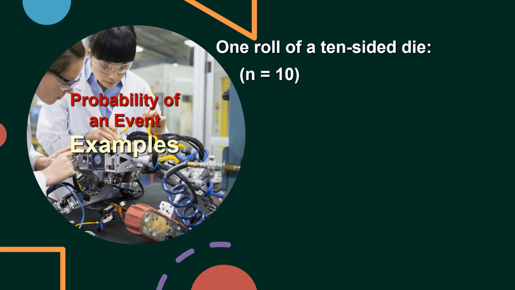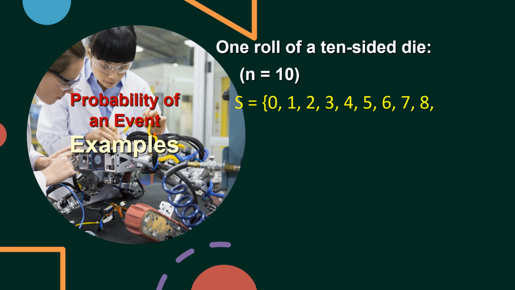So for example, you want to roll a dice and the dice has 10 sides. So therefore, n would be equivalent to 10. And the sample space S will start from 0 until 9. Enclosed in the set is 0, 1, 2, 3, 4, 5, 6, 7, 8, 9.